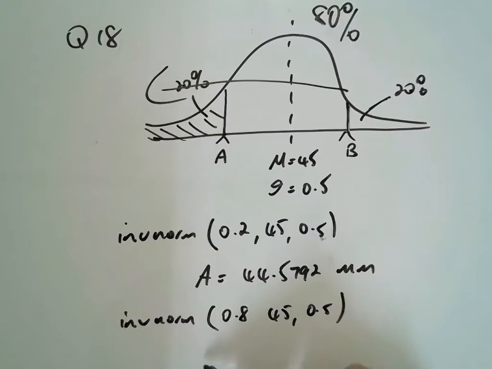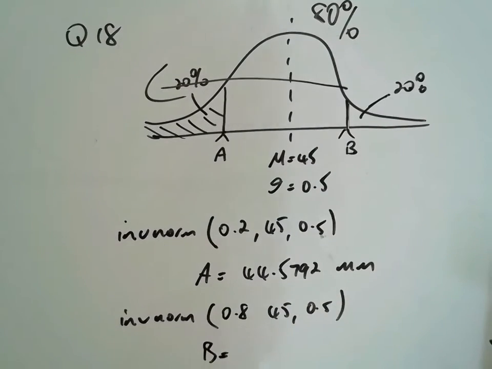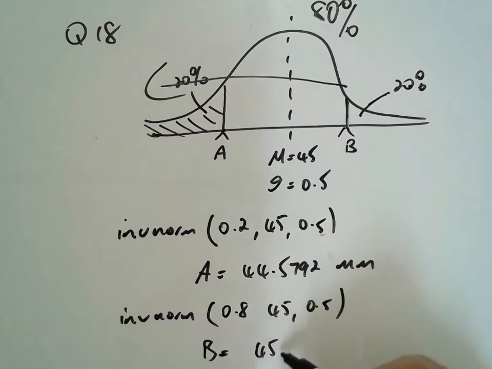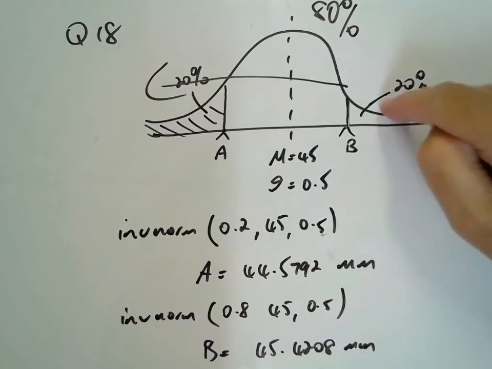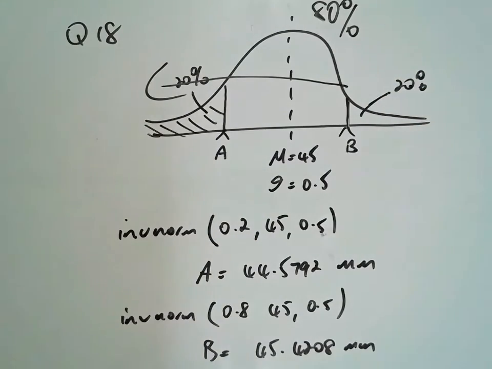Whack it in the calculator. And we're going to get B is 45.4208. So anything longer than that is too long and will be thrown out. Okay, again, make sure you can do as many questions as possible. They look easy, but you need to do a couple to make sure you know what you're doing. Good luck.